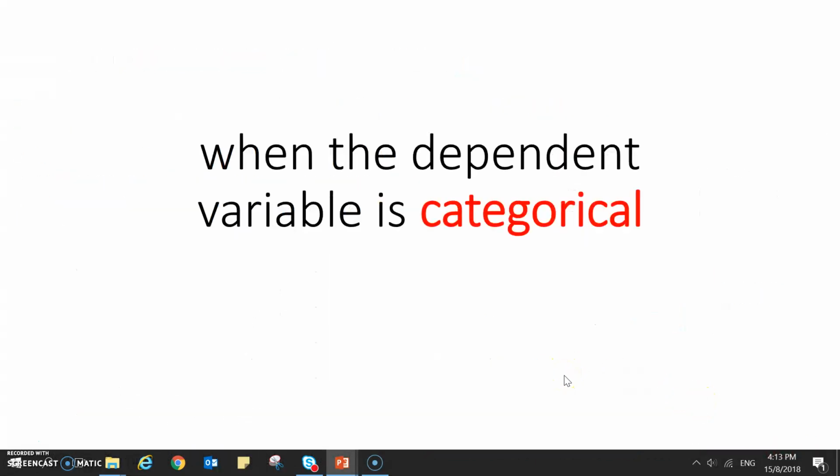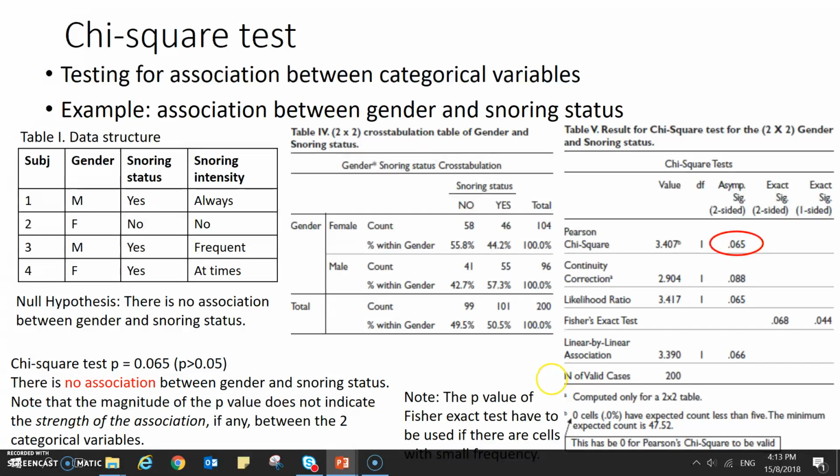Now, let's look at examples where the dependent variable is categorical. One commonly used test is the chi-square test. This test is used to test for association between categorical variables.